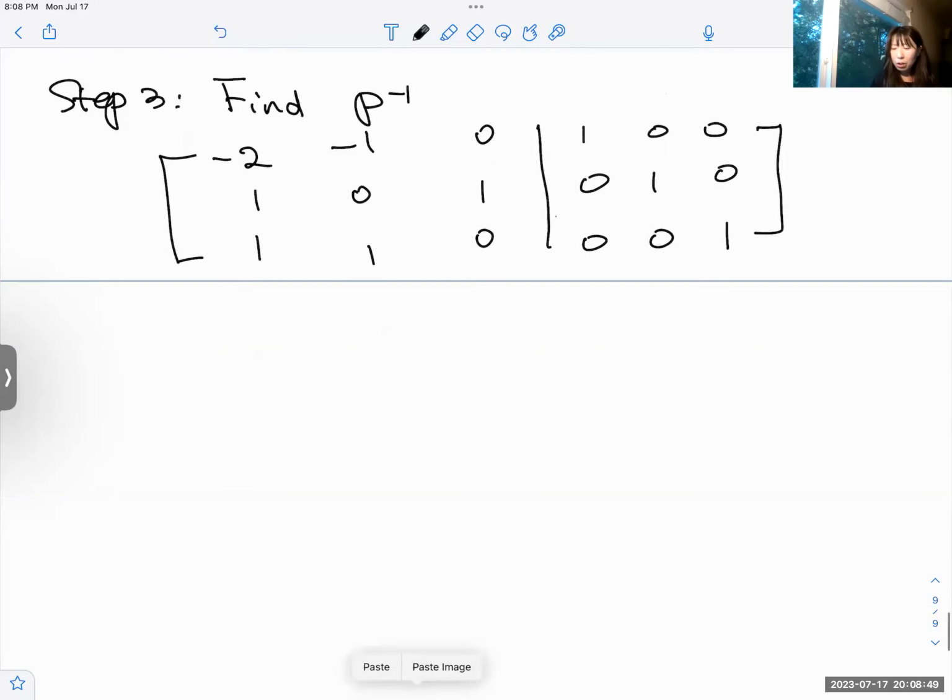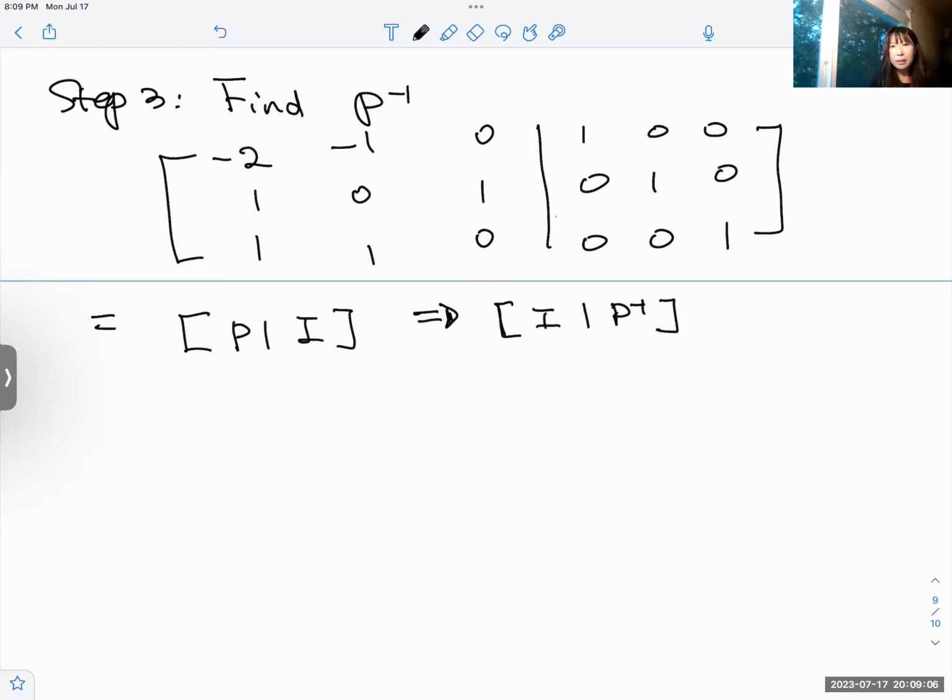This means we have the P matrix to make I, and the inverse, right?